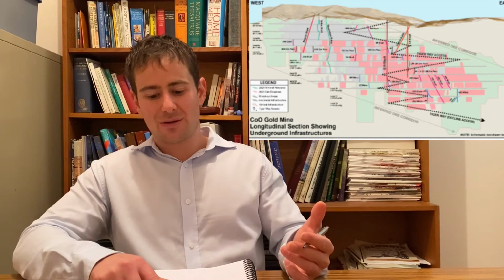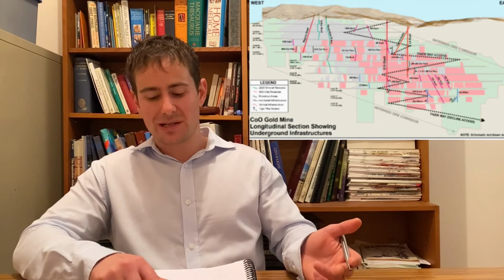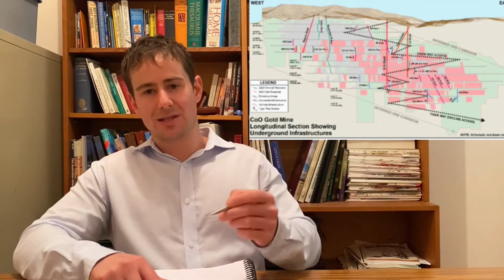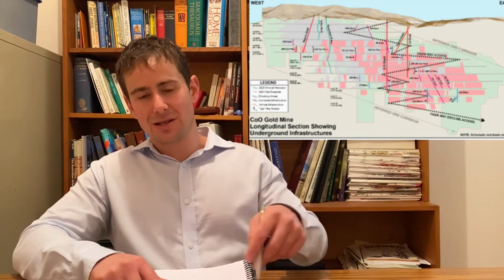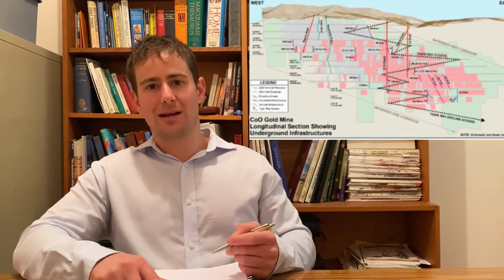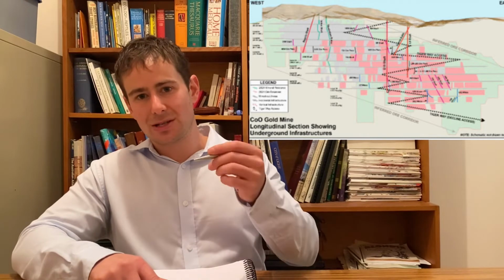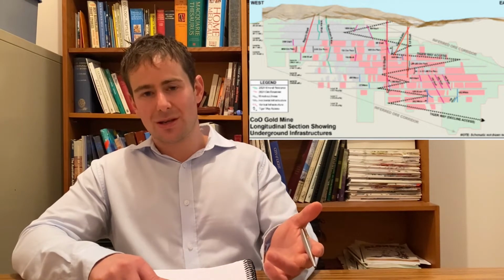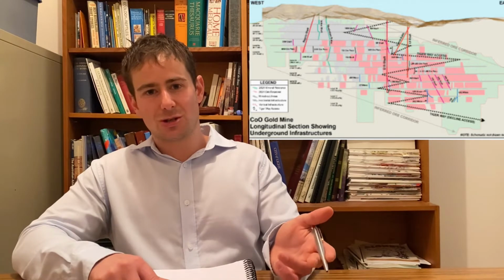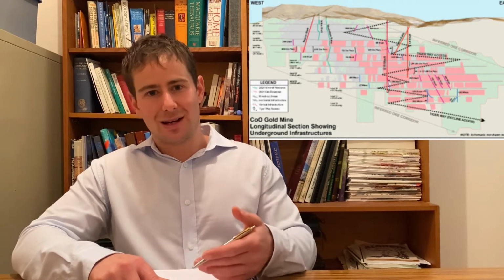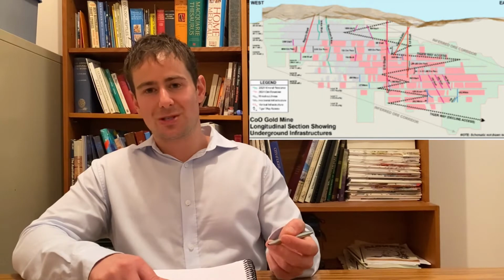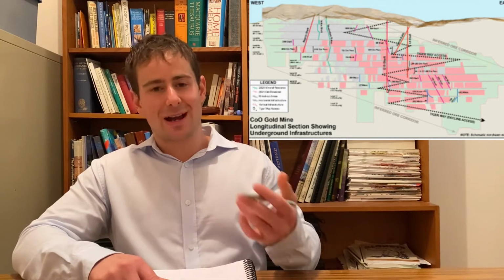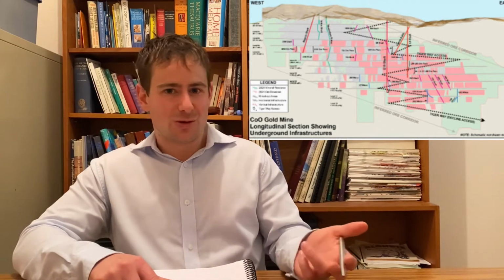Obviously, there's a lot of resource that could potentially be converted to reserves, and once the Tiger Way decline reaches the lower levels, they can mine those lower levels and also potentially drill deeper. It looks like this deposit geologically shouldn't be constrained by geology. It's probably more just a matter of being constrained by the current drill depth, right?